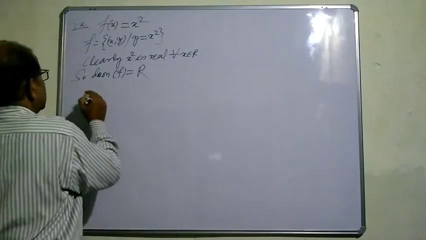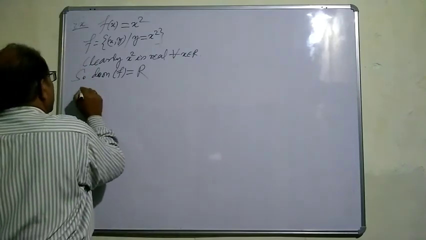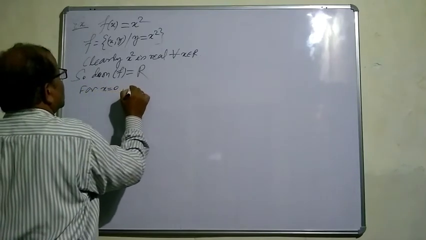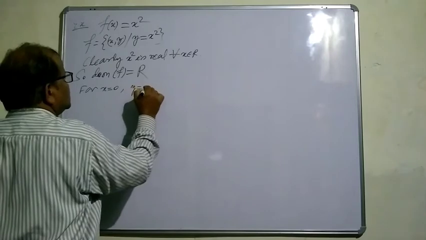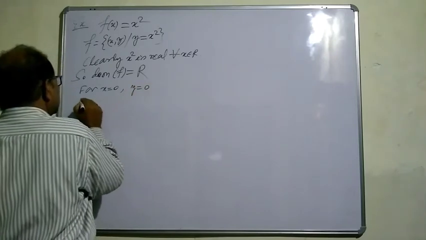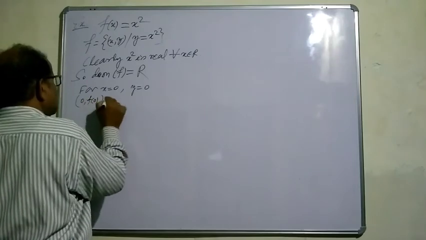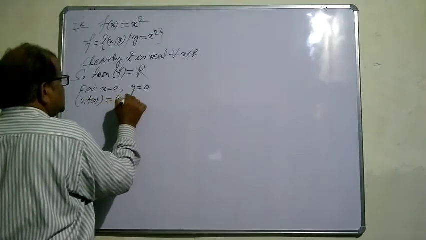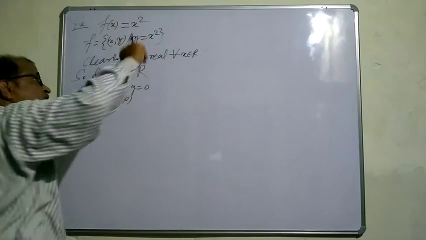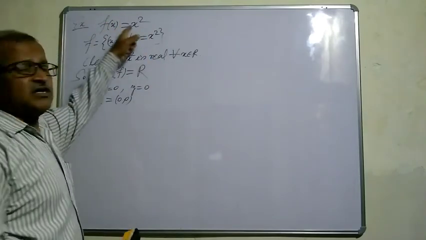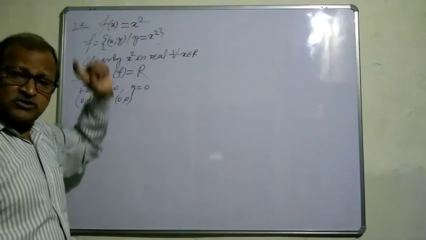So now for x is equal to 0, y will be 0. That is f(0) is equal to 0, giving (0, 0), because f(x) is equal to x square or y is equal to x square. Putting x is equal to 0, you will get f(0) is equal to 0.